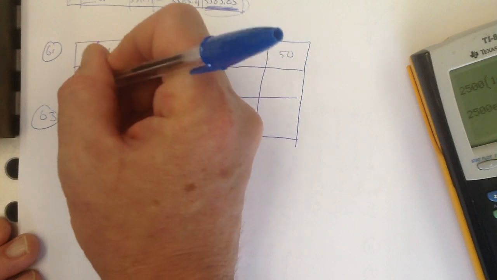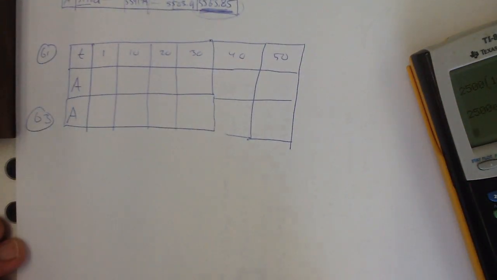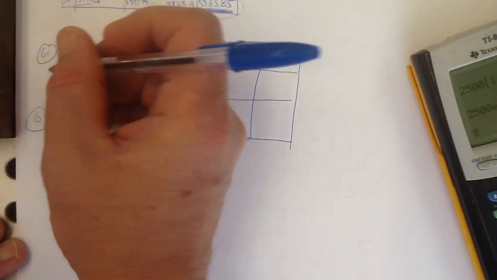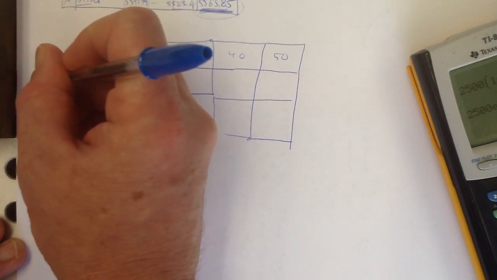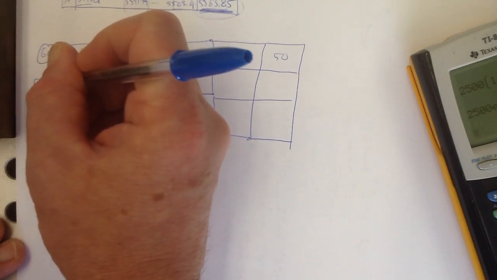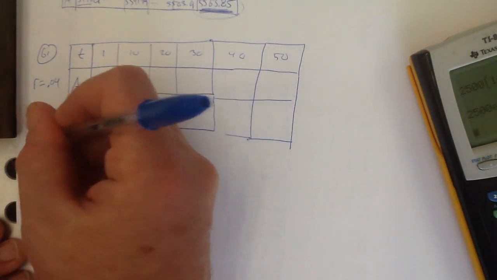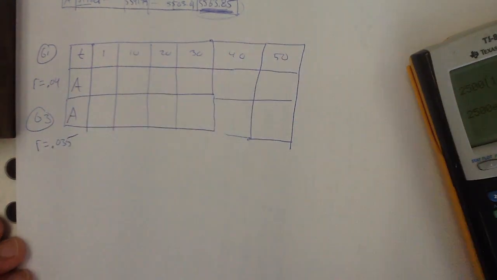And then we're going to have the amount that we have. Here we're starting with $12,000, and for 61 the rate is 4%, so 0.04, and for 63 the rate is 0.035, 3.5%.